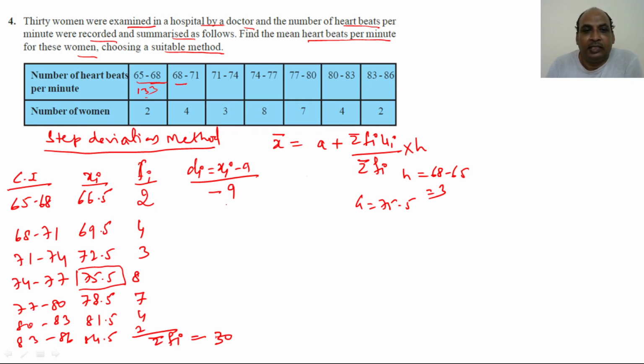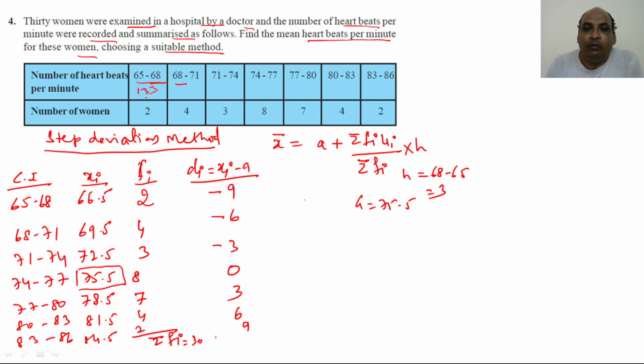Yes or no? Yes, minus 9. Then 69.5, so this is minus 6. 72.5, so minus 3. It is 0. Then it is 3. Then 6. And then 9.